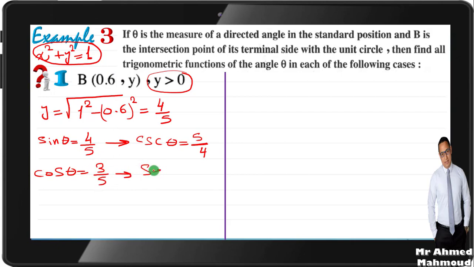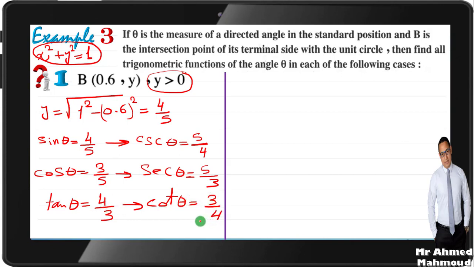So sec theta equals the reciprocal, which is 5 over 3, and tan theta equals sine over cosine, 4 over 5 divided by 3 over 5, equals 4 over 3. So cotan theta equals the reciprocal, which is 3 over 4.